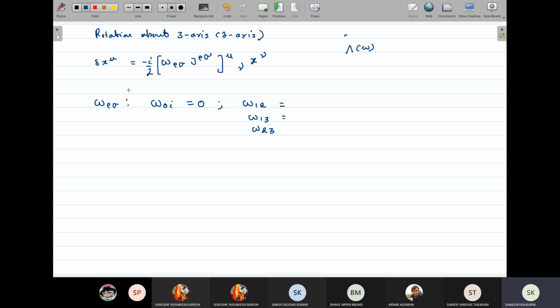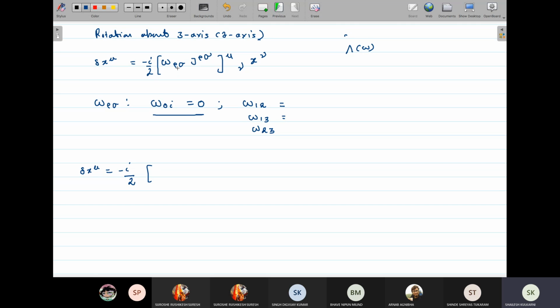Okay, first let us use this. Let us see what we will get. If I use that here, then as you can see, this relation I can write in the following form: minus i by 2, where the rho sigmas are summed over. So I will get the contribution only from spatial indices. If rho equals 0, sigma equals 0, then I am going to get 0.